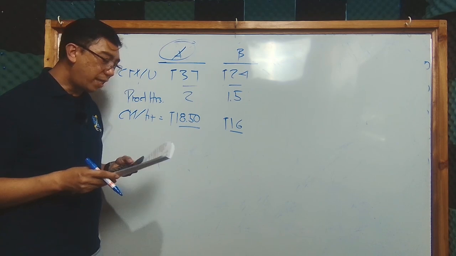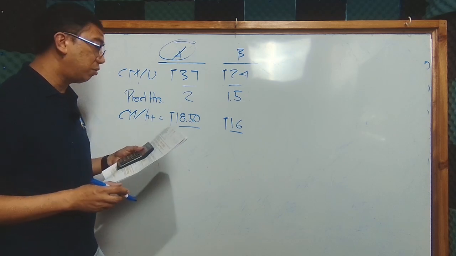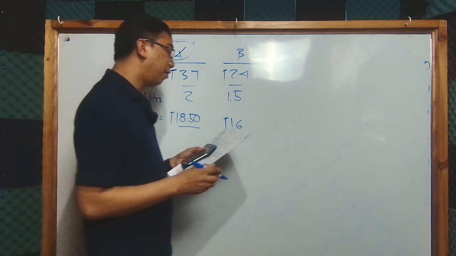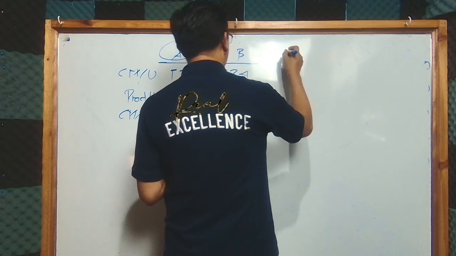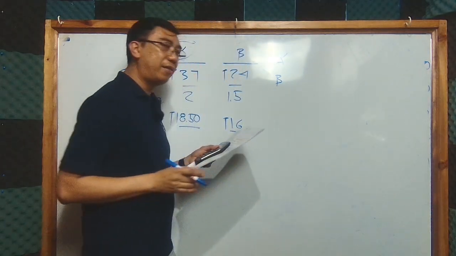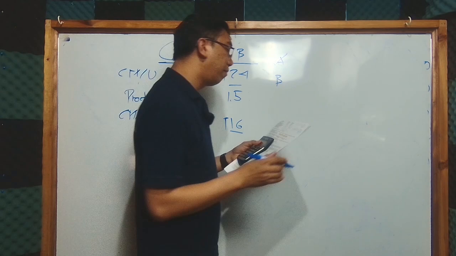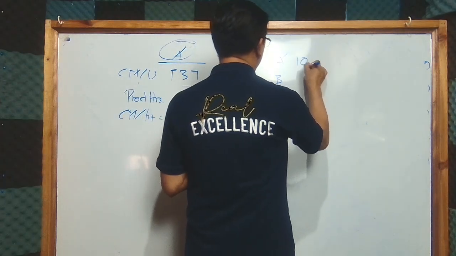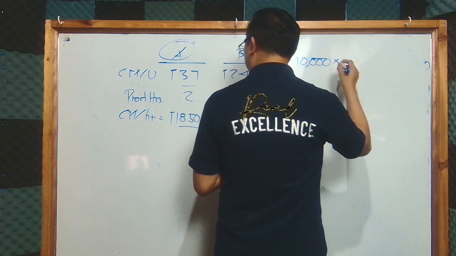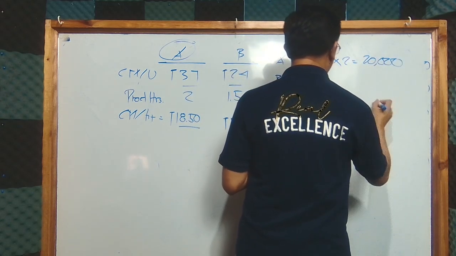Now, to answer number 75, dapat makuha natin yung ating production in units. So, how do we do that? O, class, ganito yan. Ganito yan. So, we have two products, A and B. Ang priority natin is product A. Ilan ang demand for product A? We have 10,000 units demand for product A. Product A will consume 2 hours. So, at this point, 20,000 hours are already consumed.